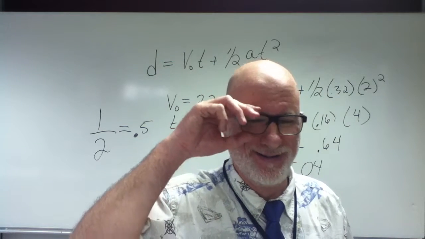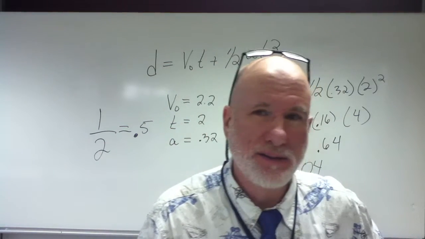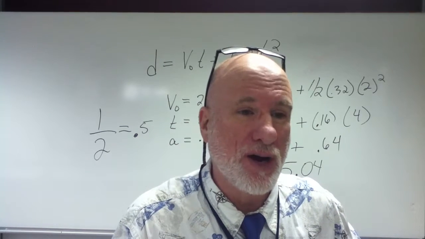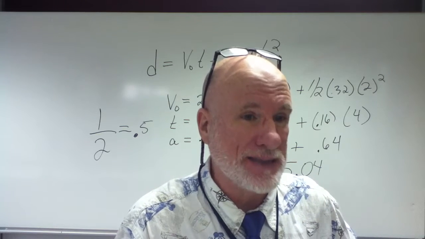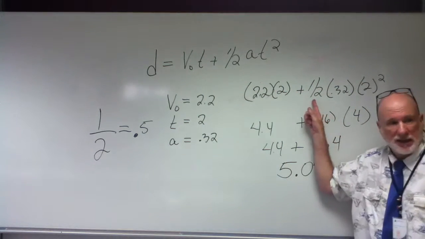No, you don't divide it by 2 because it looks better. You divide it by 2 because you were instructed to do so based on the recipe, based on the equation. You see, this 1/2 here I already used.